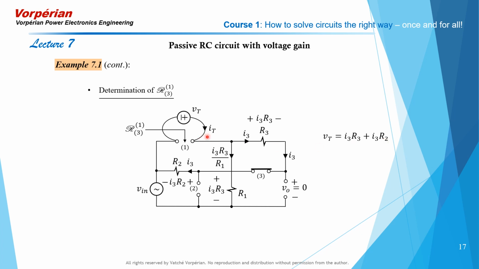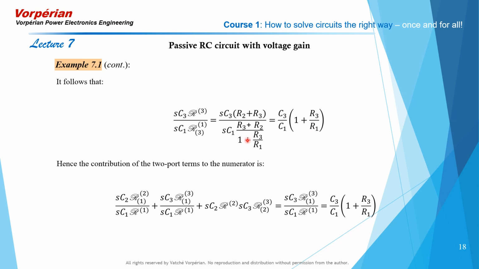The test current, on the other hand, IT at this point, is the sum of this current I3 and I3 times R3 over R1. We write that down as well. And from these two, we can solve for the null resistance looking into port 1 with port 3 shorted as Vt over IT, I3's cancel, and we obtain R3 plus R2 divided by 1 plus R3 over R1.